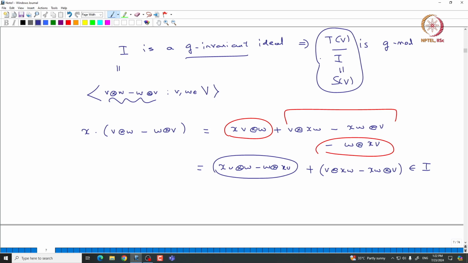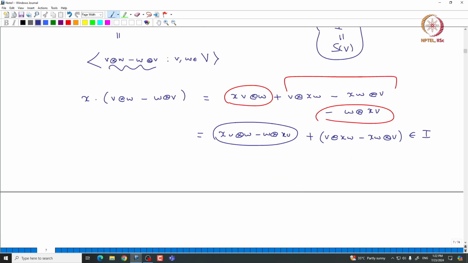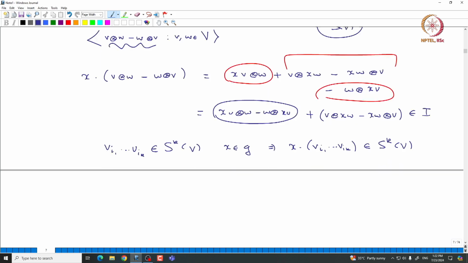Okay. So, that makes S of V a G module, and it is not difficult to prove that if you take some length k element V I 1 etc. V I k from Sk of V, then for any x in G, x acting on this V I 1 etc. V I k is again an element of Sk of V, because the natural action is just the derivation action.